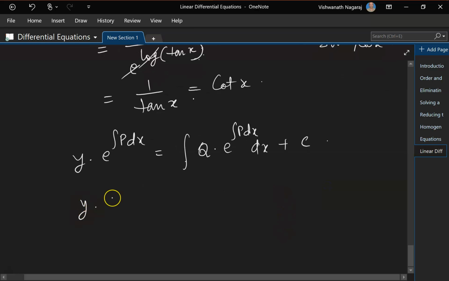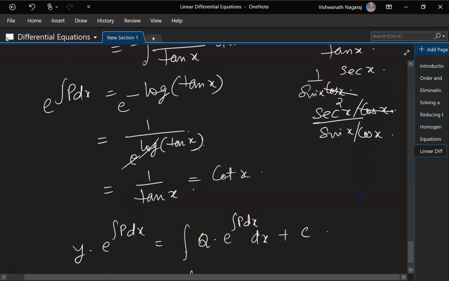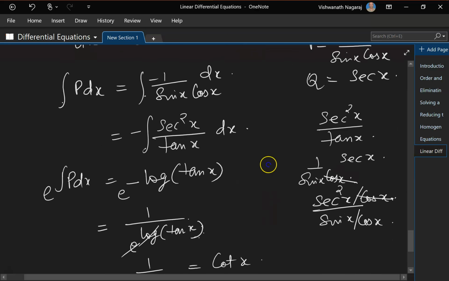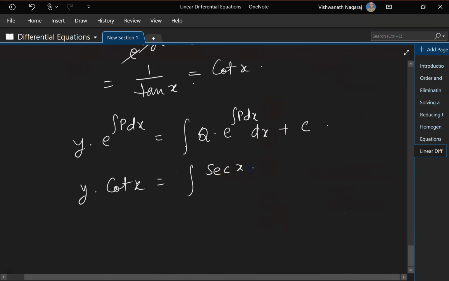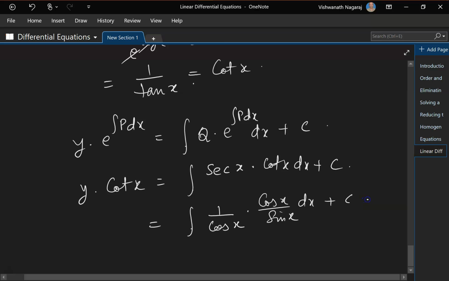y times this, cot x, is equal to integral of q, which is what? q is sec x times cot x dx plus c, which is equal to, now let's rewrite it in terms of sin and cos. So 1 by cos x times cos x by sin x dx plus c.